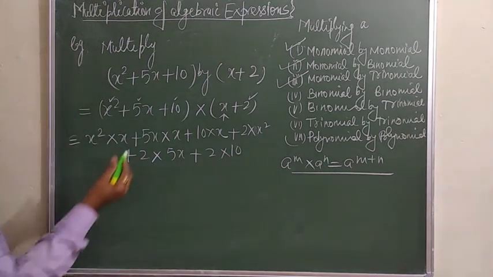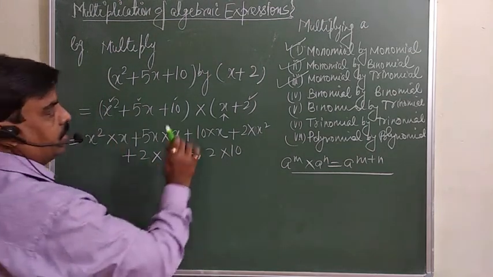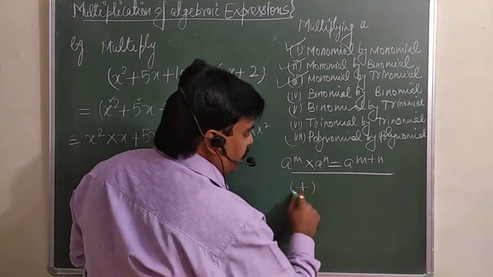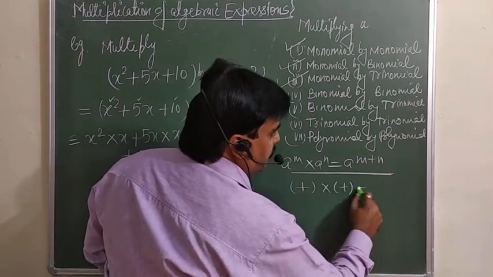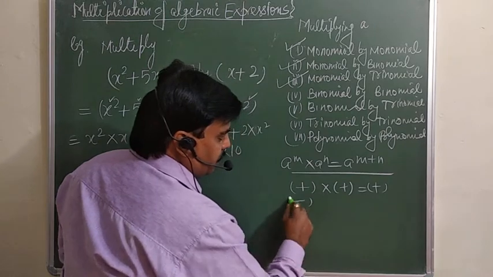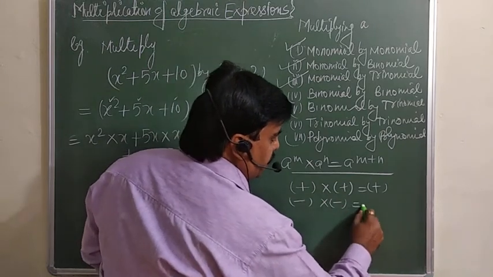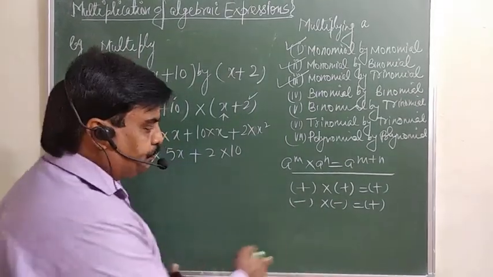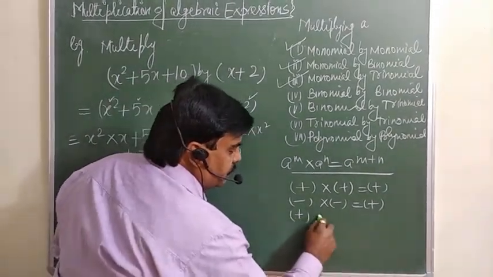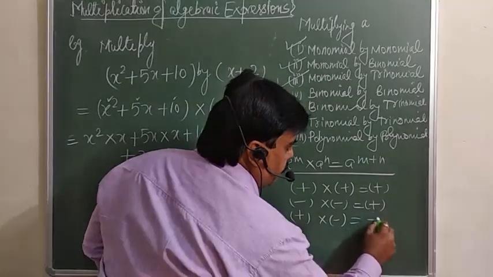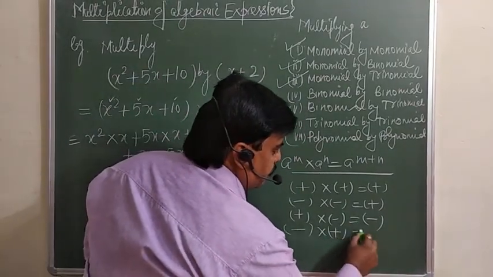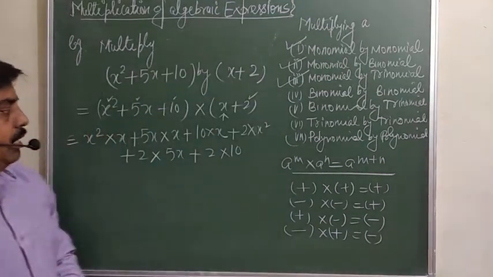We should be careful about the plus and minus. If there was a minus here, we would have to multiply minus with plus. Remember that plus into plus is always plus, and minus into minus is plus. If you multiply any two negative values, then again it will be positive. One positive and another negative, the product will be negative. First negative, second positive, then the product is again negative.